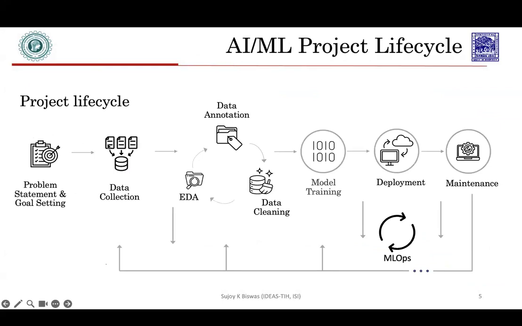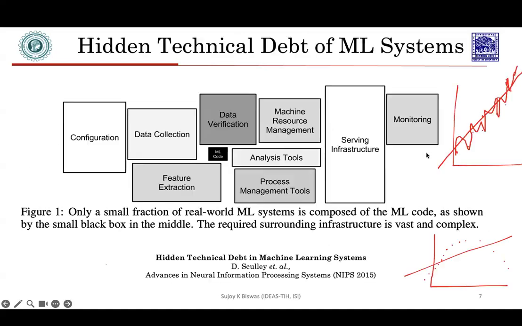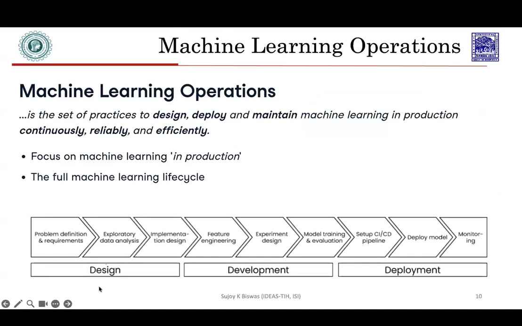The first part is the design, the middle part is the development, model training, EDA. This part is the development, and the final is the deployment. So you can think of this entire process as design, development, and deployment, and these are the finer actions that are involved here.